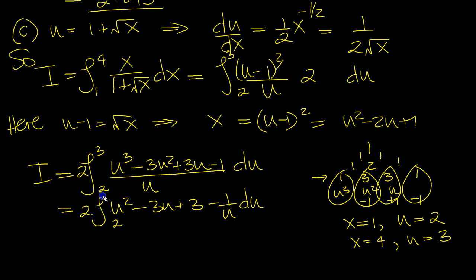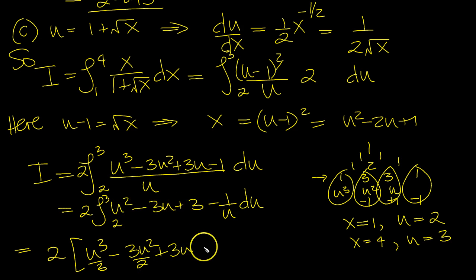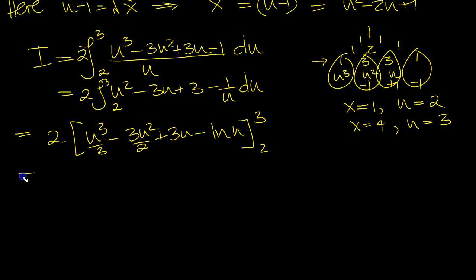Now we're going to evaluate it. That's equal to 2 u cubed over 3 minus 3 u squared over 2 plus 3u, just integrating all these power terms, minus the log of u, between 2 and 3. It's 2 times the whole thing.